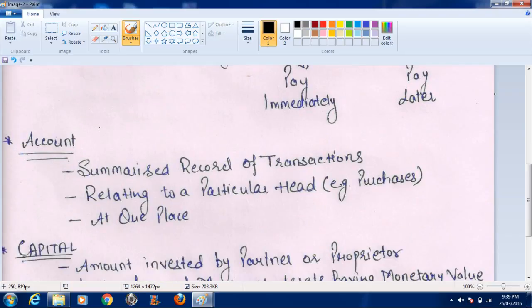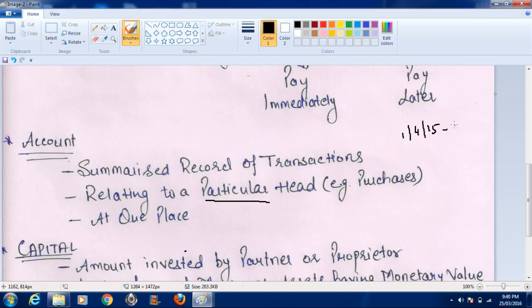Next, we have account. What is an account? It is a summarized record of transactions relating to a particular head. Suppose, I'll take one very simple example, that I am selling goods to a particular person on a regular basis. Today it is 1/4/15.